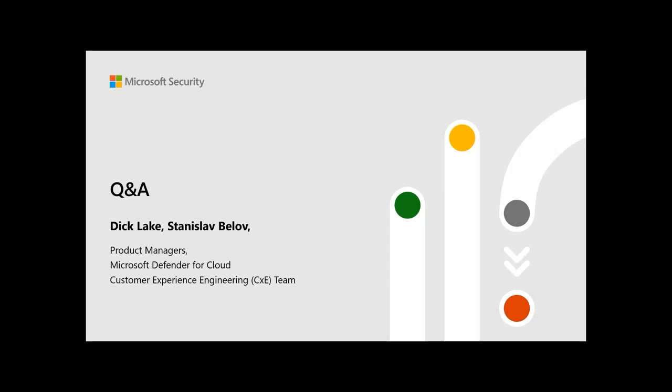Moving forward. When you enable the AWS connector, does Arc auto deploy? And the following question is, I need Defender for Servers on all AWS VMs. So in the AWS connector experience, you go through, you validate your account ID on the first page. On the second page that comes up, you have the option to enable Defender for Servers, the database protections, and some others.